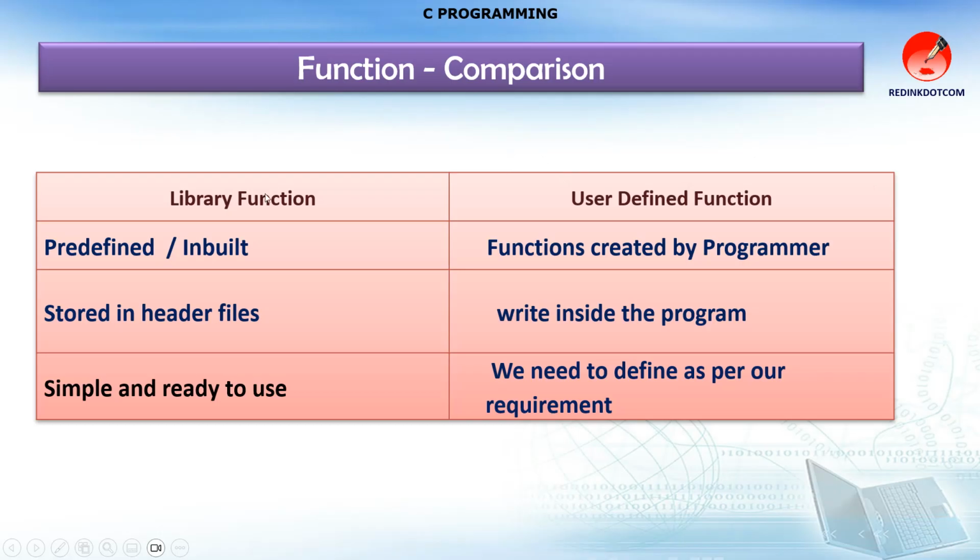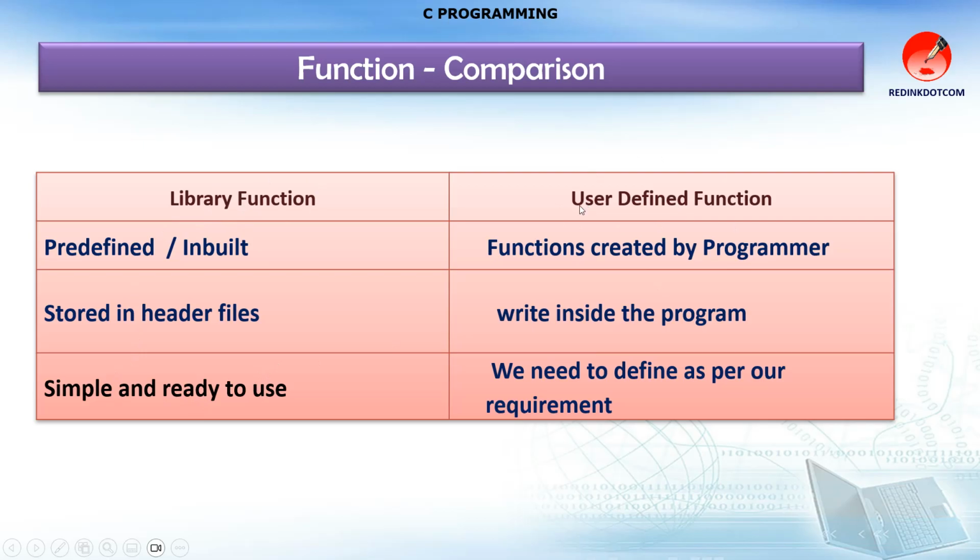Let's compare the library function and the user-defined function. Library functions are inbuilt, predefined functions, whereas user-defined functions are created by the programmer. Library functions are already stored inside the header files. User-defined functions are created by the programmer and written inside the program. When we use a library function, it is simple and ready to use.